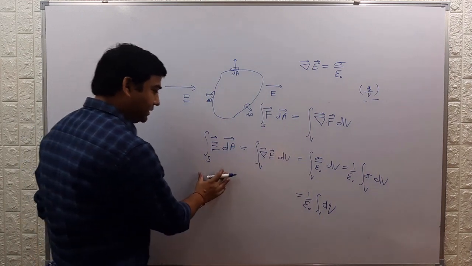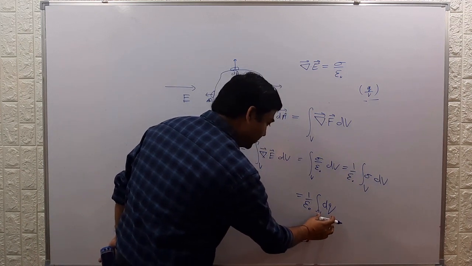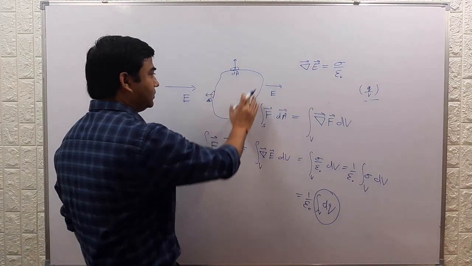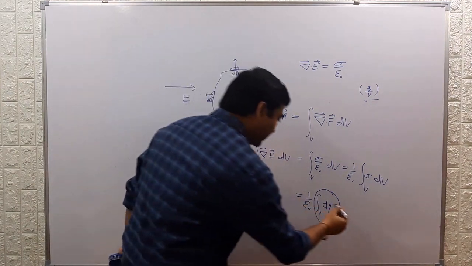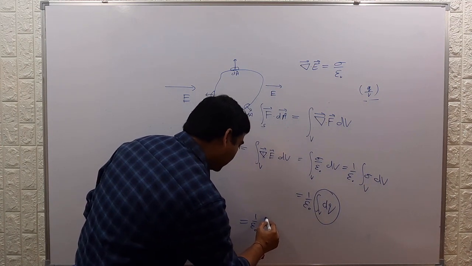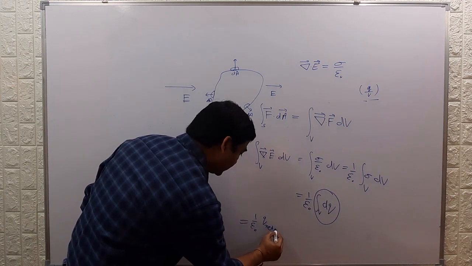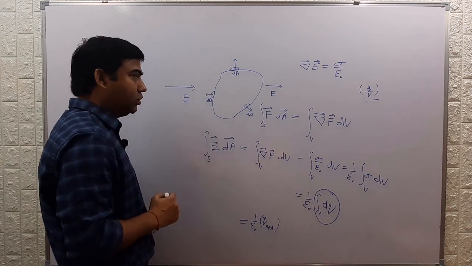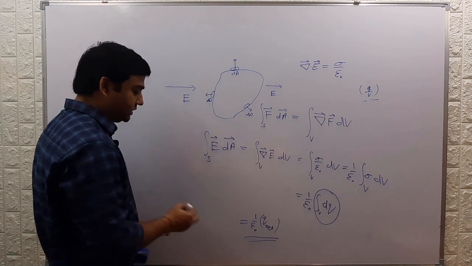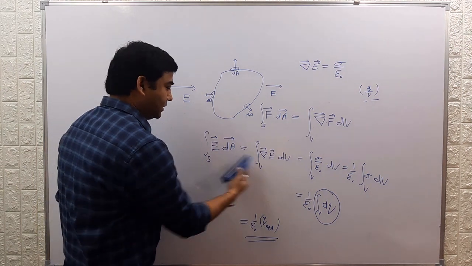So Gauss's law can be written for the electric field in this form. The integration of dQ through the volume surrounded by the Gaussian surface can be written as 1 by epsilon 0 Q, where Q is the net charge inside the volume surrounded by the Gaussian surface. So this is the result of both Gauss's expressions.